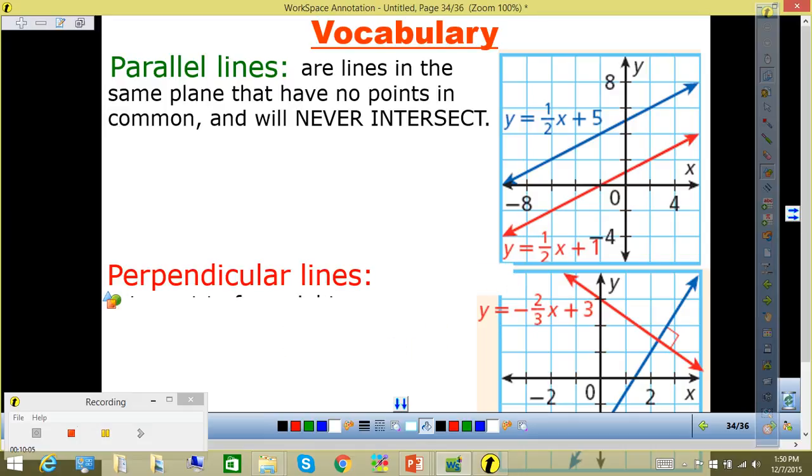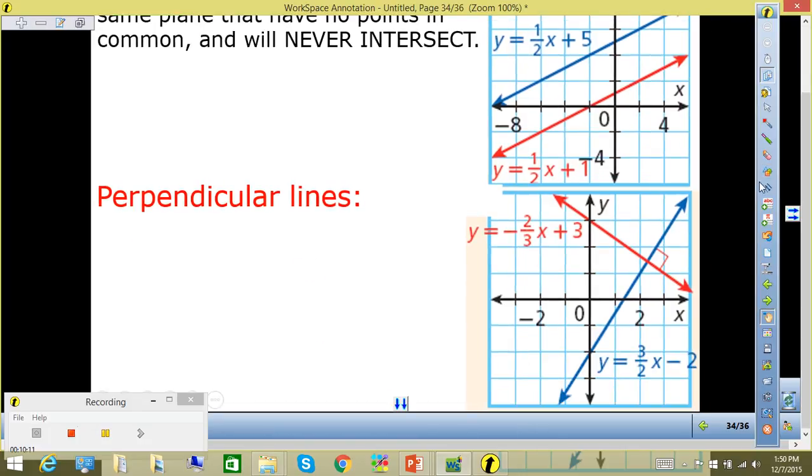So, think about it. Look at these two equations. Don't say it out loud. And see if you notice something that you can talk over with your neighbor in regards to why it makes them perpendicular. Look at this one. Look at that one. I'll give you guys some time.